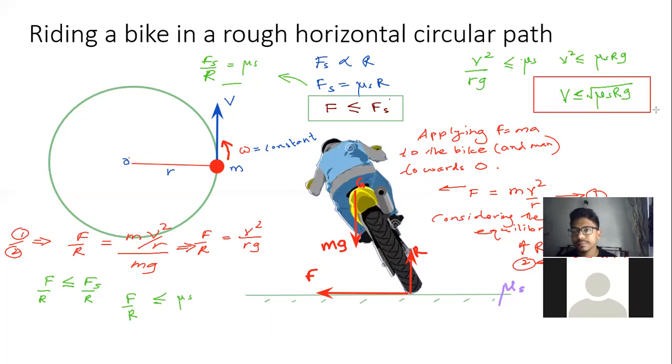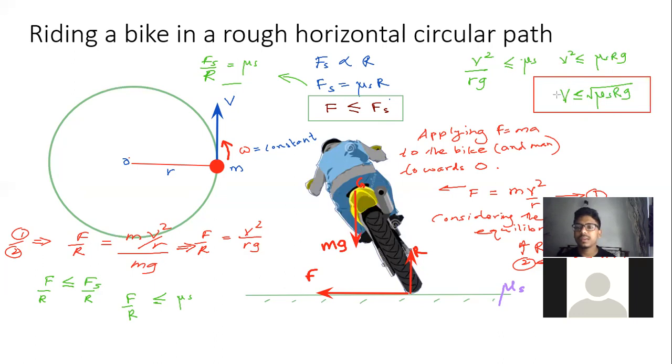Okay. So now what does this tell us? This tells us that in order to move in a circular path, there is a maximum value for this tangential velocity.